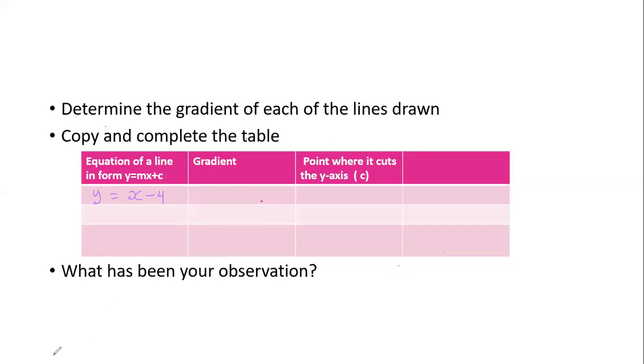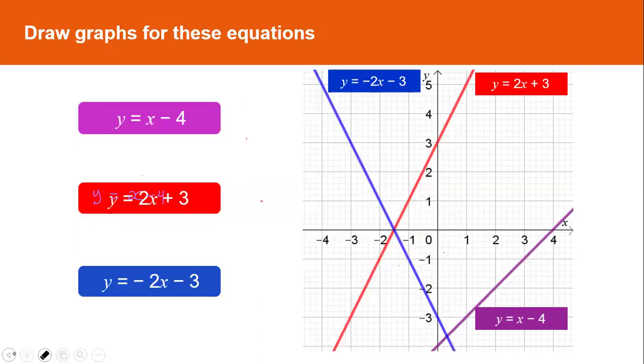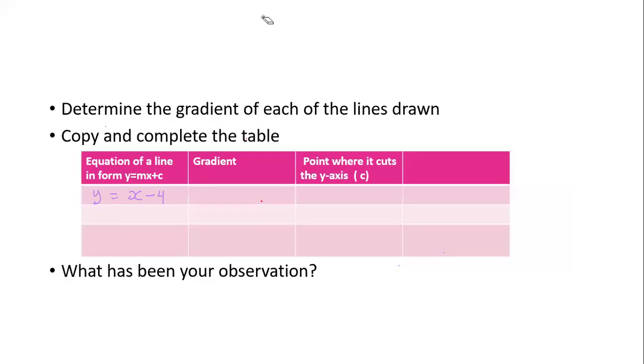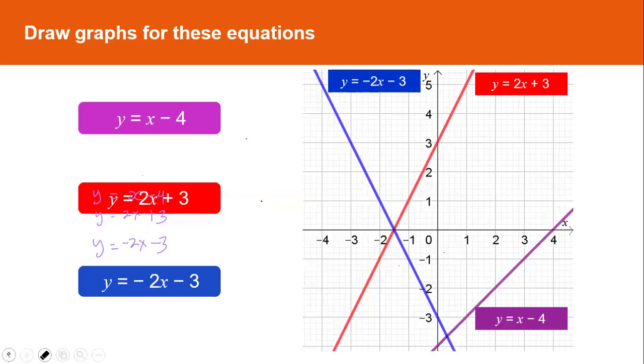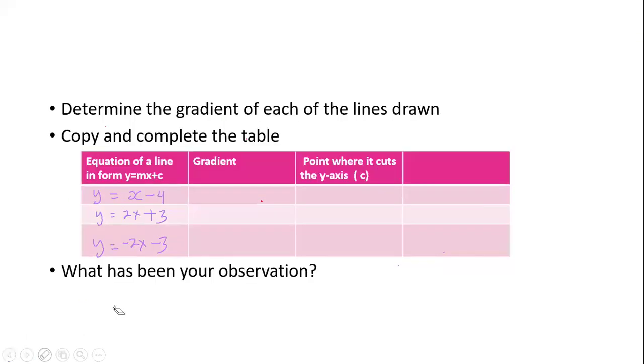And always, Trisha, don't forget, you look at the line, you can tell that this one is going to be negative. So I just wanted to copy this line. Y is equal to 2x plus 3, and y is equal to negative 2x minus 3. Hoping those are the lines we have.